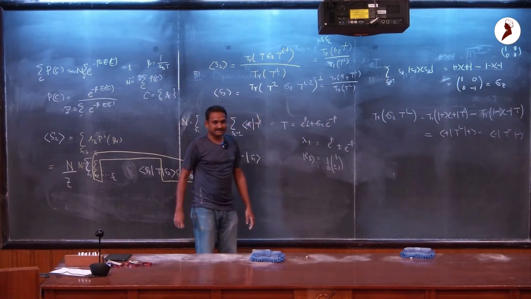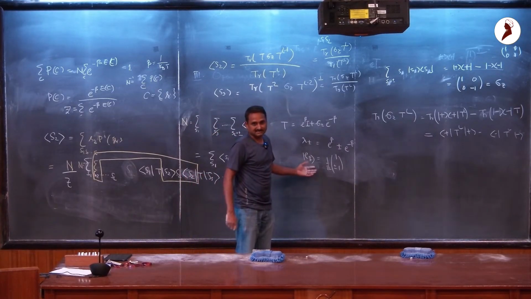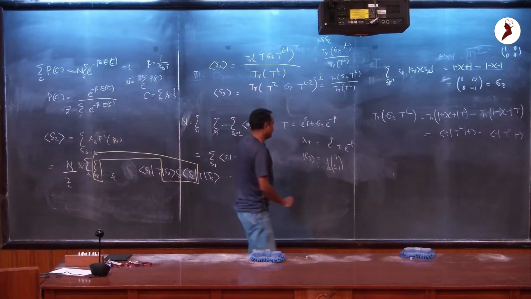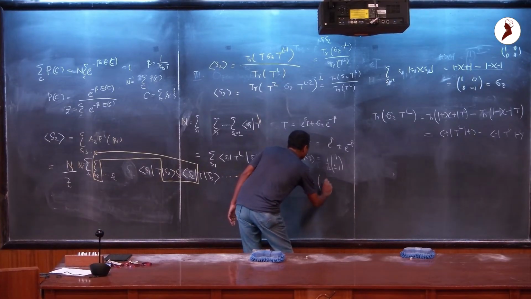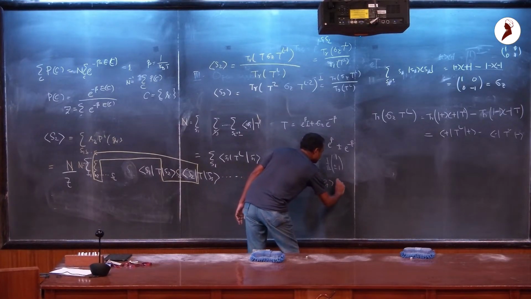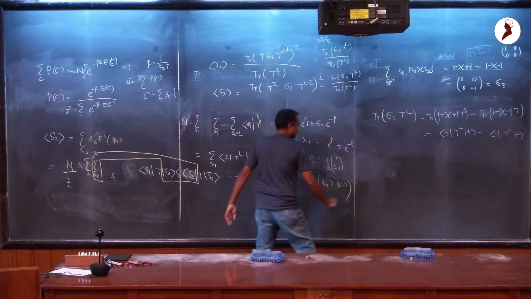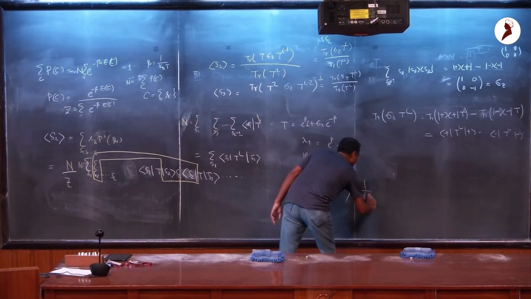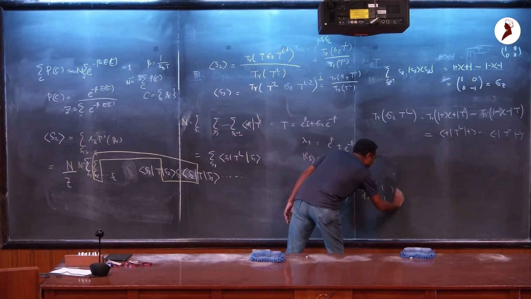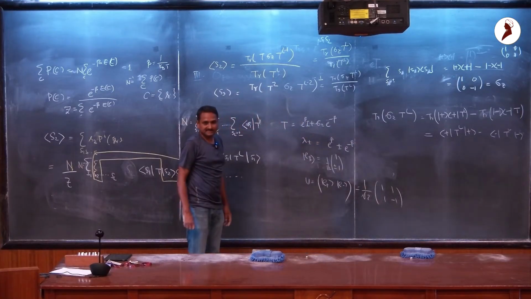Once you get the eigenvectors, you can construct the U matrix, right? So your U matrix is E plus and E minus, which equals 1 by square root of 2 times (1, 1; 1, minus 1). That is your U matrix.